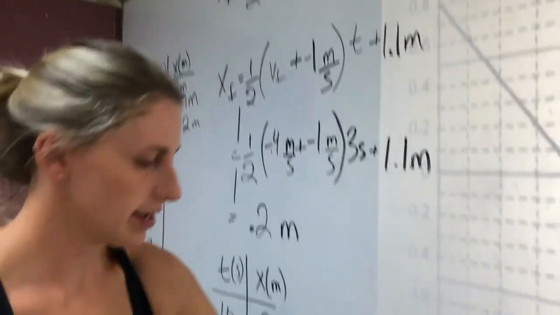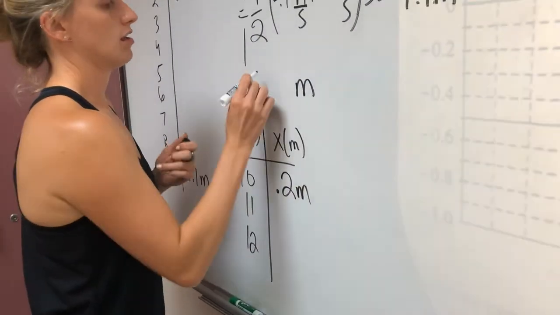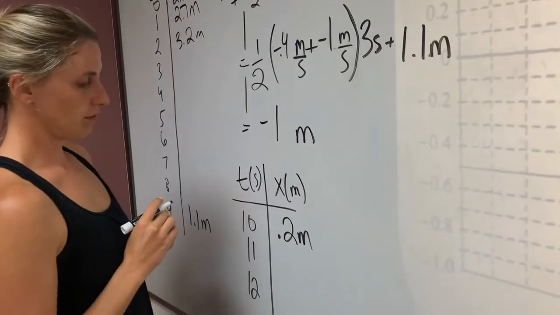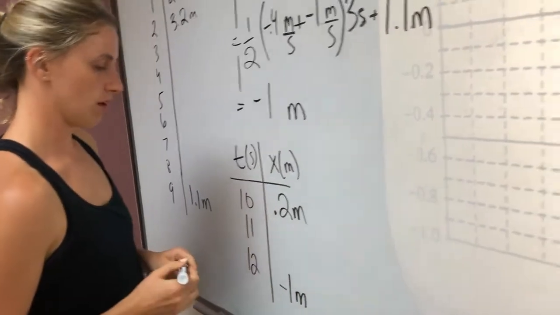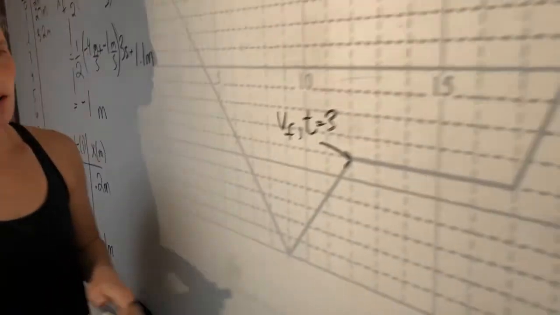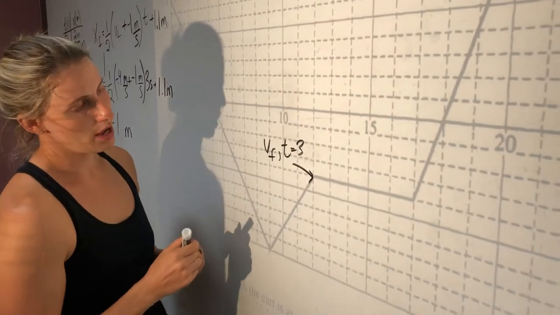Okay, I got negative 1. So negative 1 for our position, and I'm going to write that down here, negative 1 for our position.